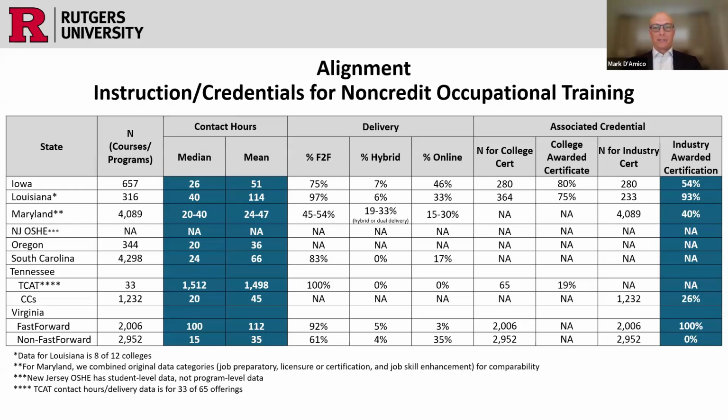So what you see here with the NAs are that we have a number of states among our partners, and I know there are many other states out there that maybe don't even have all of the data to align with credentials. Now, one caveat here is that we are working with state level data.